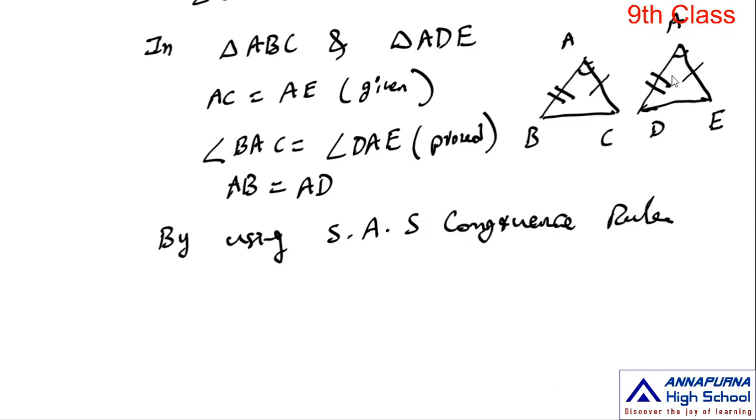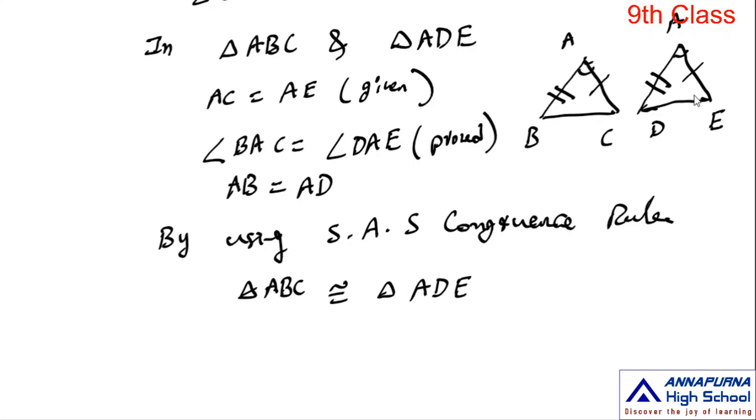Side angle side. Therefore, triangle ABC is congruent to triangle ADE. These two triangles are congruent.